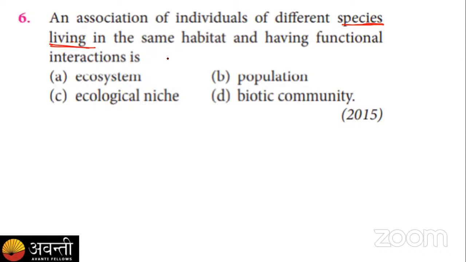Your option A, ecosystem. Option B, population. Option C, ecological niche. And option D says biotic community. Please keep this in mind that in this question, we are only talking about the different living species. So according to that, what is your correct answer?